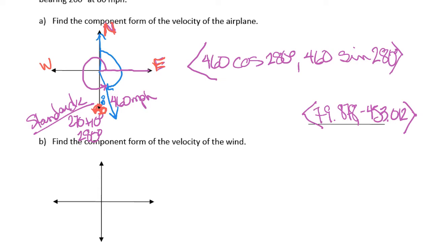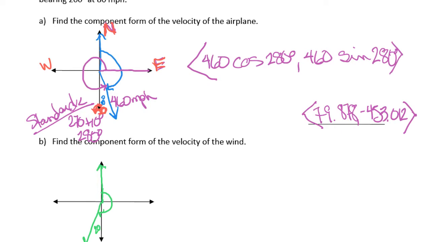So the wind is blowing at a bearing of 200 degrees and 80 miles an hour. Okay, so a bearing of 200, starting due north, 180 plus 20 more gets me my bearing of 200.